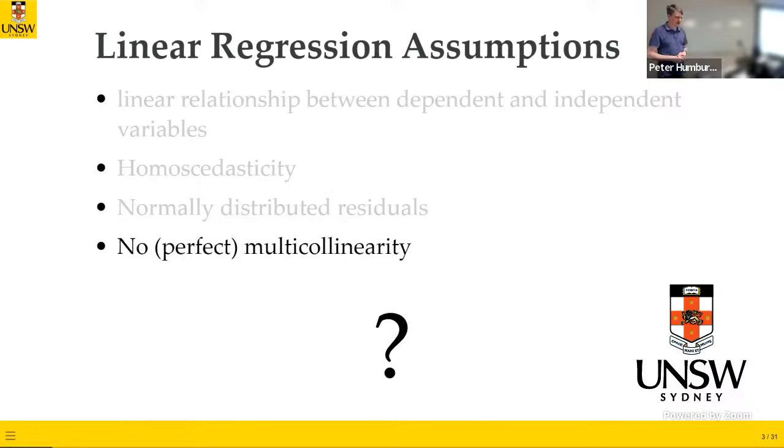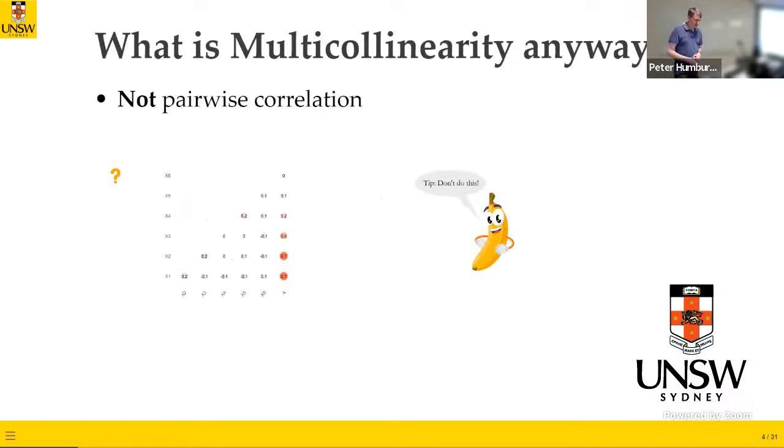And so the first question naturally is, what is multicollinearity anyway? It's not pairwise correlation, right? On the occasions where we do talk about multicollinearity, I often see people do that.